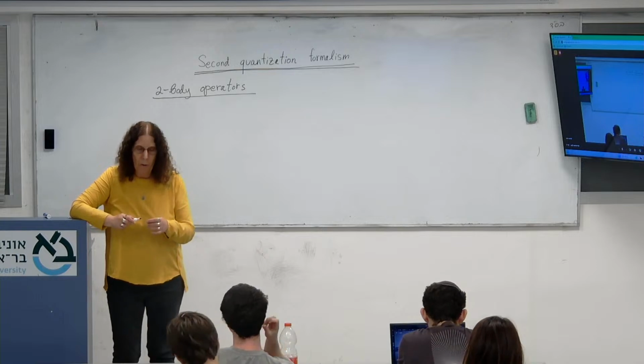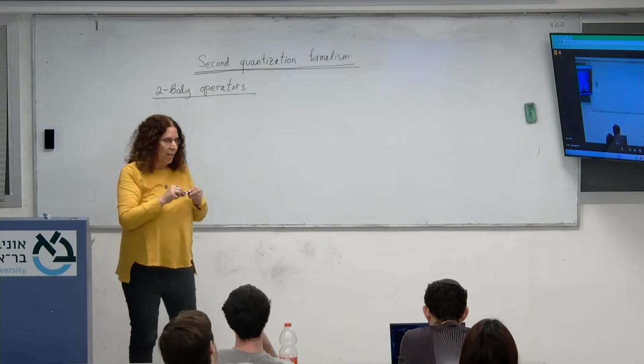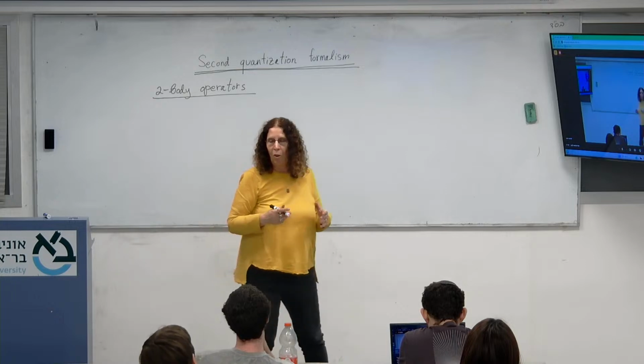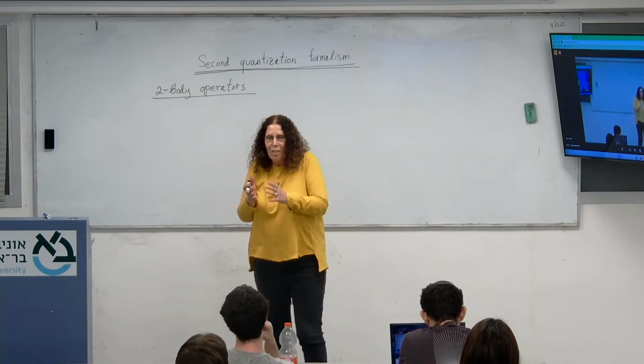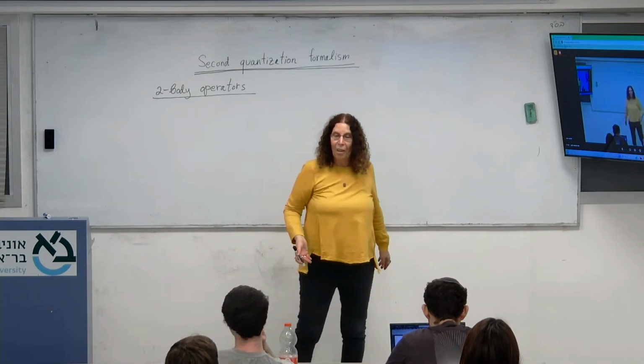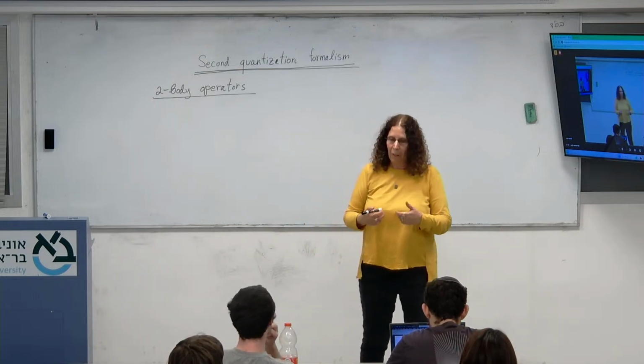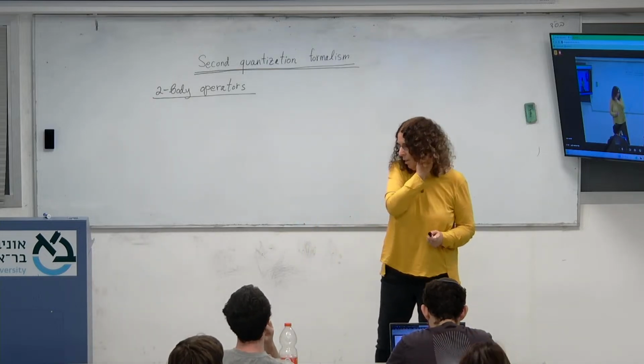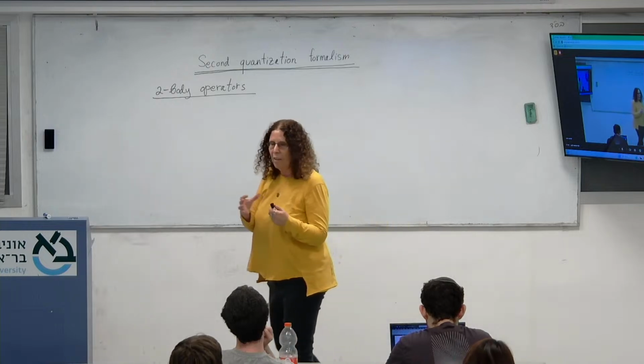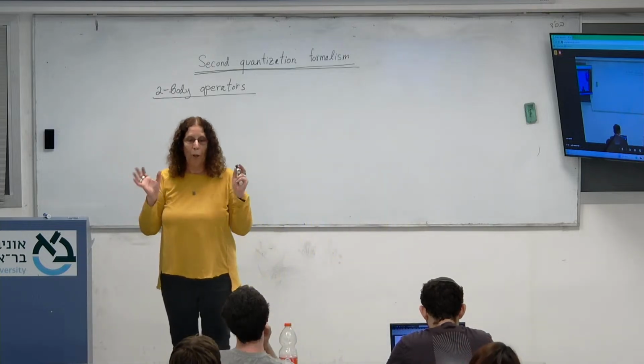Okay, so in terms of the first quantization, or actually, if you like, let's go back to classical physics. You can have some force that comes from a potential acting between two point particles.